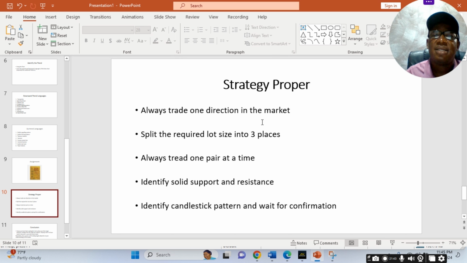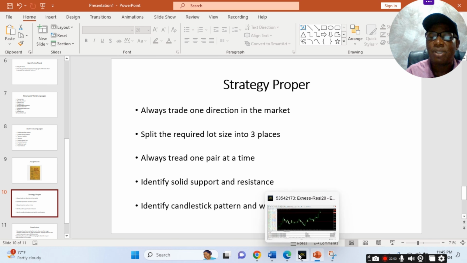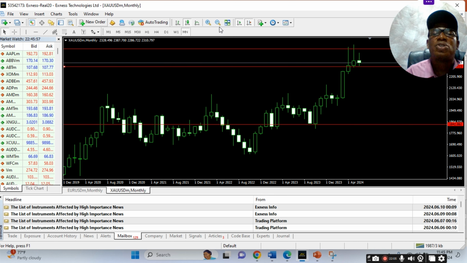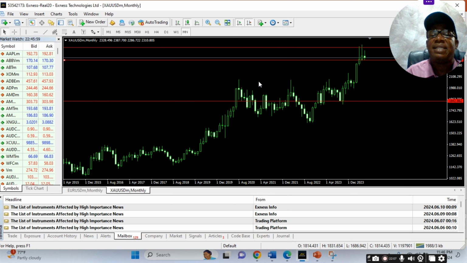Master it. After all, if you are a businessman, you only sell one good at a time. You will not be a seller of multiple goods. So master your pair. Then ensure you identify the major support and resistance in the market.